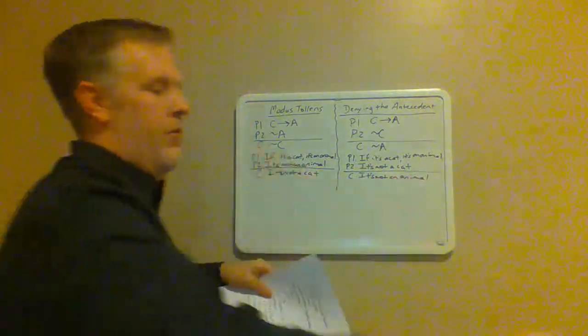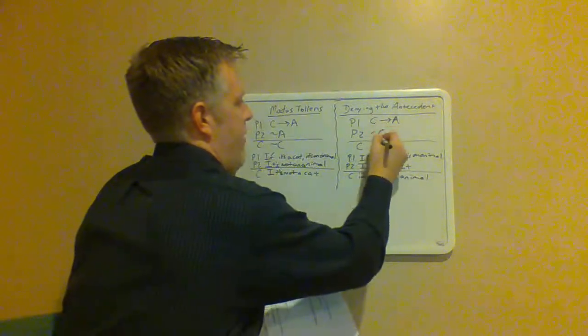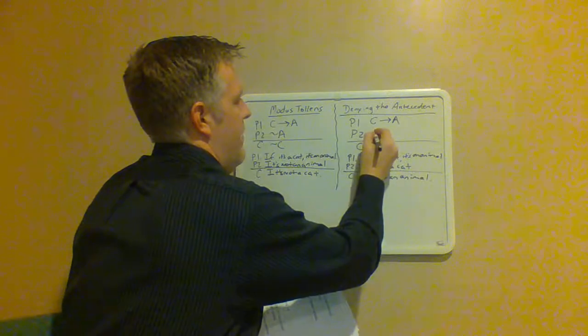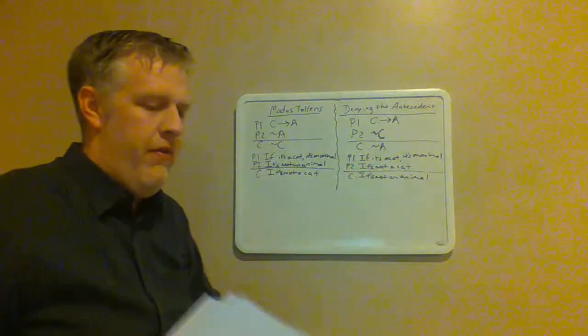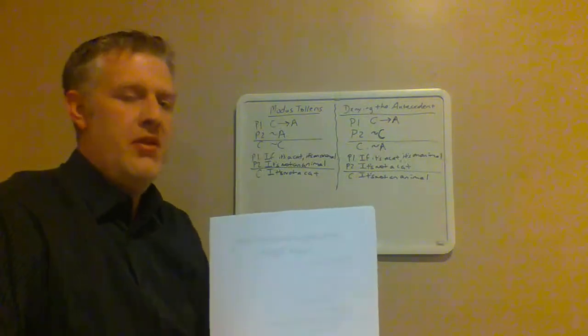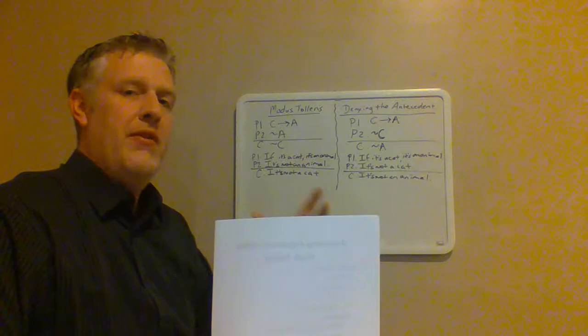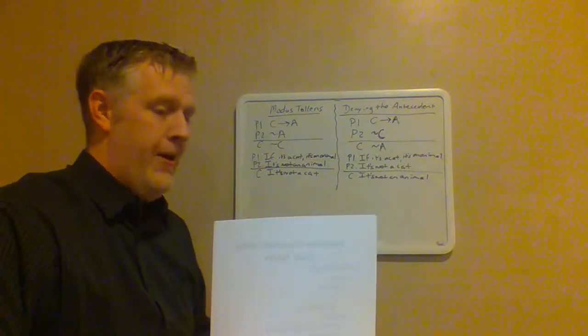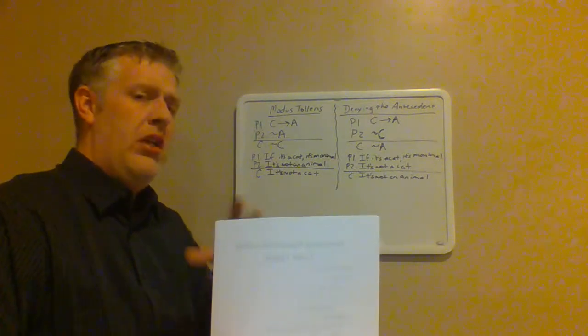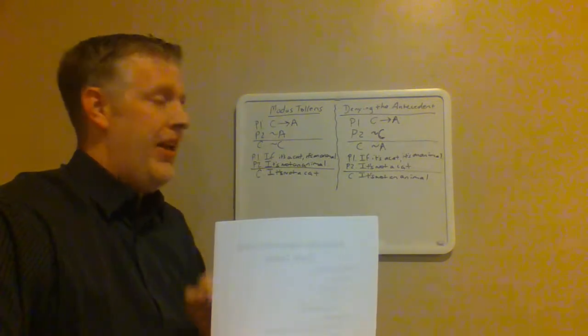So to intuitively see why this seems invalid, imagine that I have something behind the curtain here, or the paper in this case. It's a sentient creature of some sort, or it's an object of some sort, it's something of some sort. And I say, look, if it's a cat, it's an animal, and then I say, but it's not a cat.